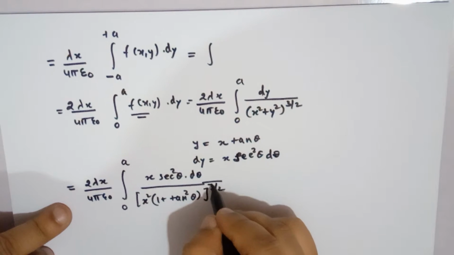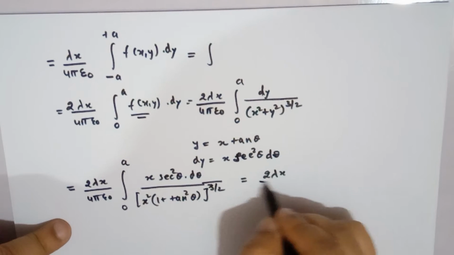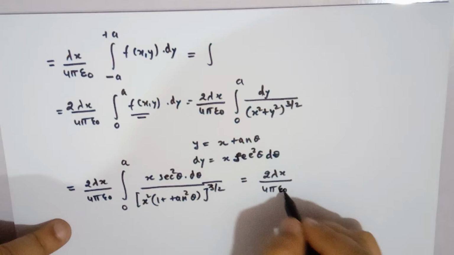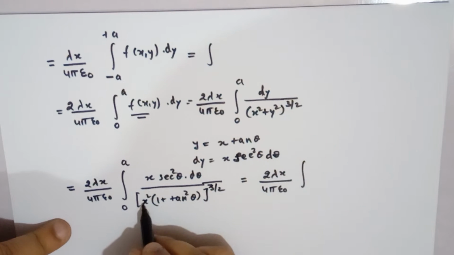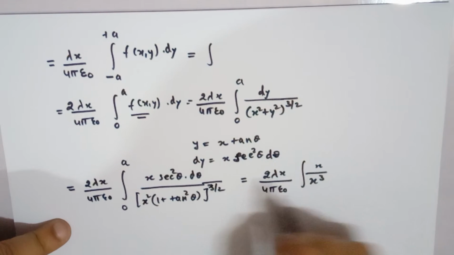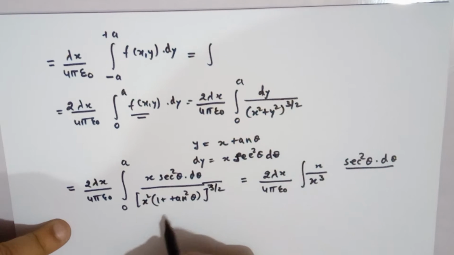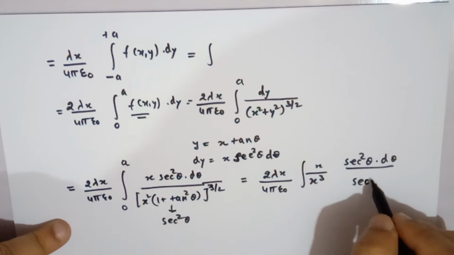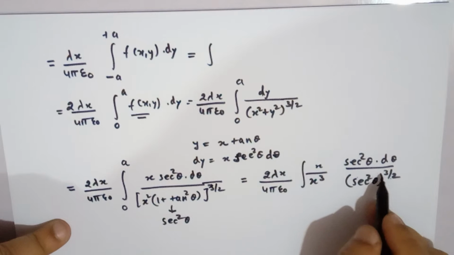So that basically would be 2 lambda x over 4 pi epsilon naught, and that becomes x cube, because x square to the power 1 by 2 would cancel out and cube would come out, so x divided by x cube. And that basically is sec square theta d theta. 1 plus tan square theta would become sec square theta, and outside the power is 3 by 2. So this 2 would cancel out, and 3 would remain.